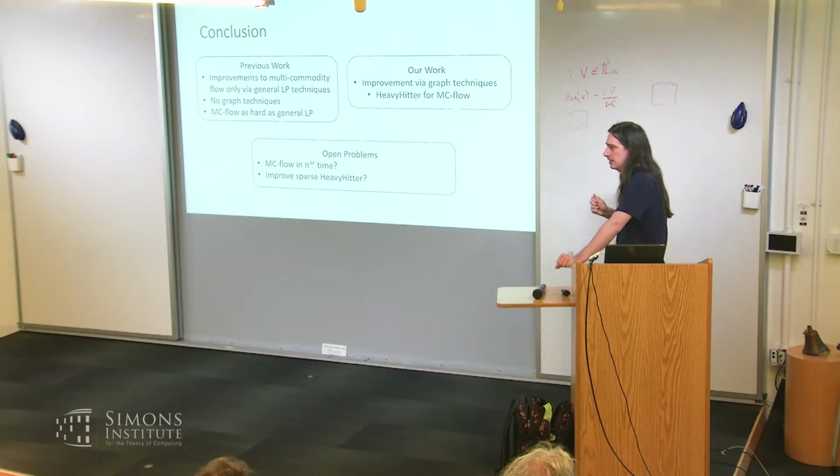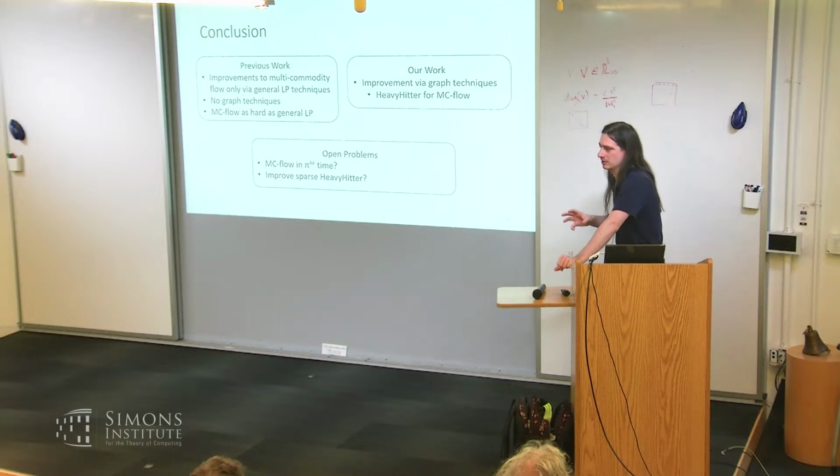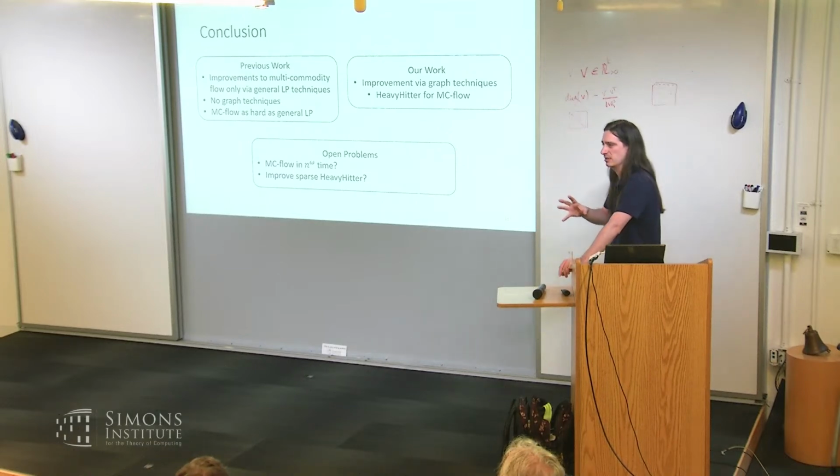So it's unlikely that you can split this multi-commodity Laplacian system into smaller regular Laplacian systems. So it's not entirely accurate to say that we're splitting the augmenting flow into just electric flows. It's really just for the last heavy hitter part, given some kind of vertex potentials, we're splitting that into small electric flows.